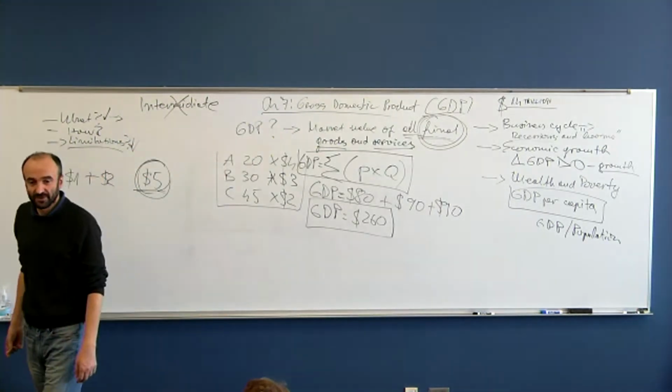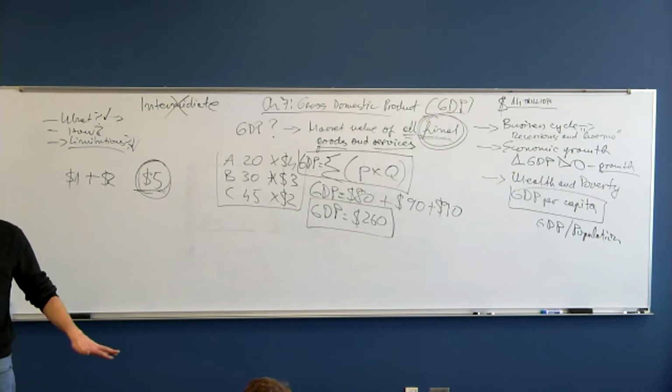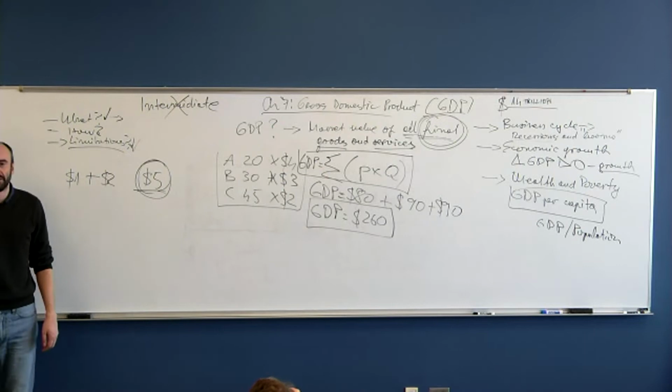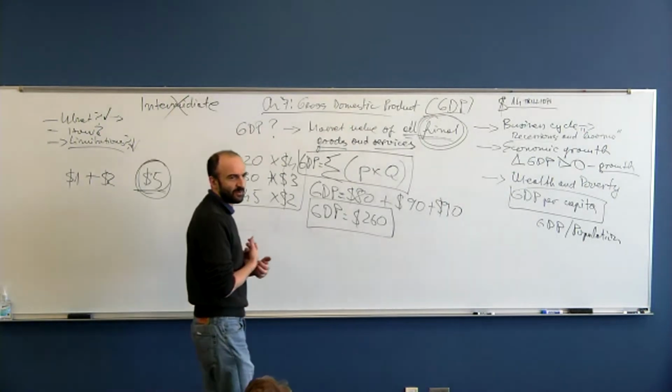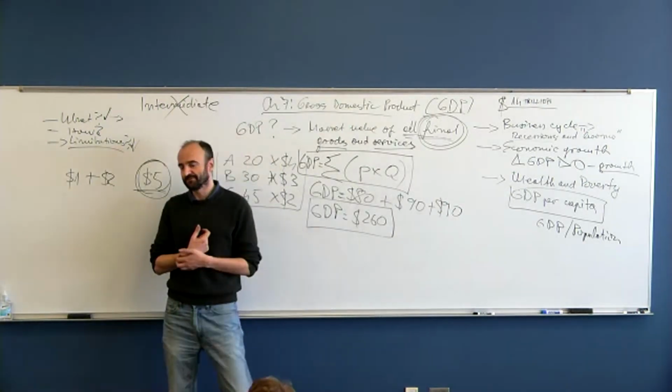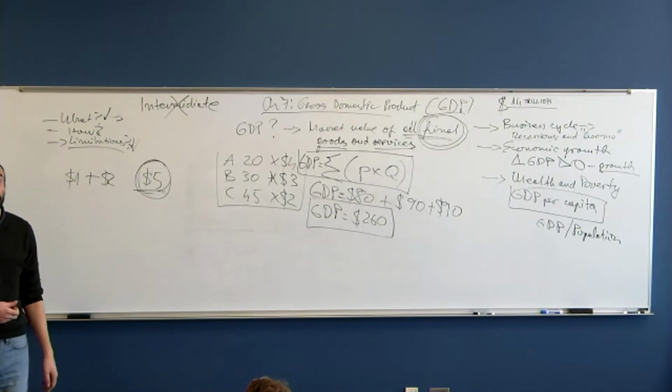A Honda Accord 2020 is a better car than any car anywhere in the world that existed in 1995. There's no doubt. So how then do you compare? We have more cars now, that's good, but not only do we have more cars, those cars are orders of magnitude better than the previous ones. And let alone new products that didn't exist.